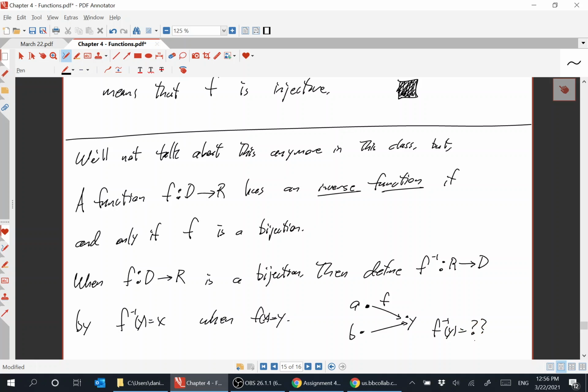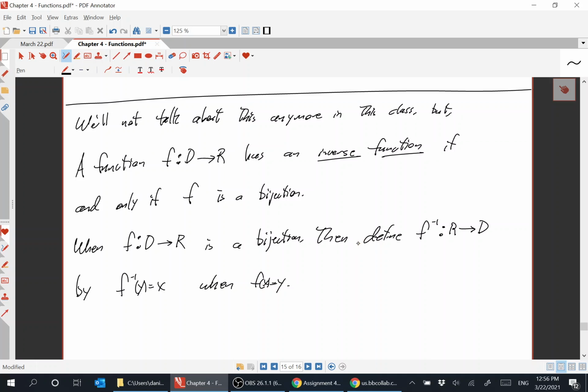Is it going to be A or is it going to be B? I mean, given a specific function, you could say, okay, we'll pick this one. But it's not really an inverse function. I don't really want to talk about the inverse function any more than that.